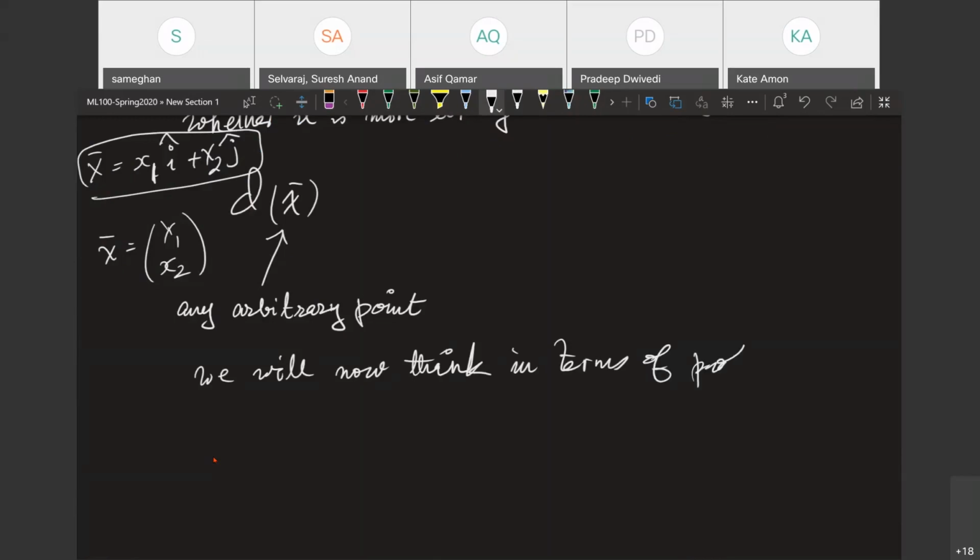Specifically, we'll choose one, the probability of red berry.